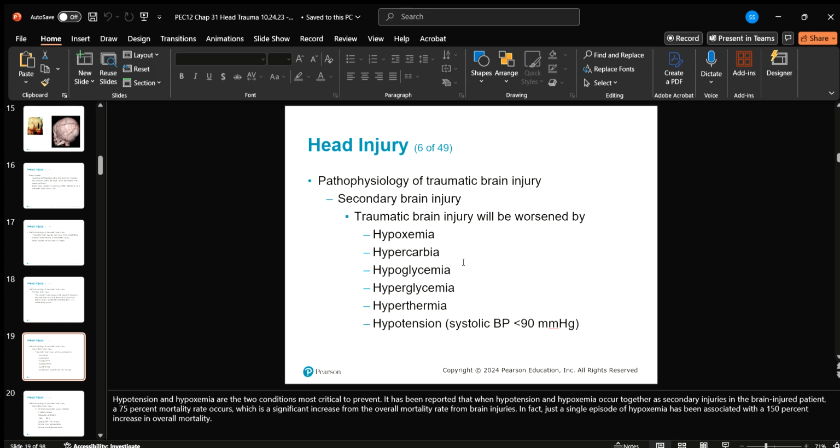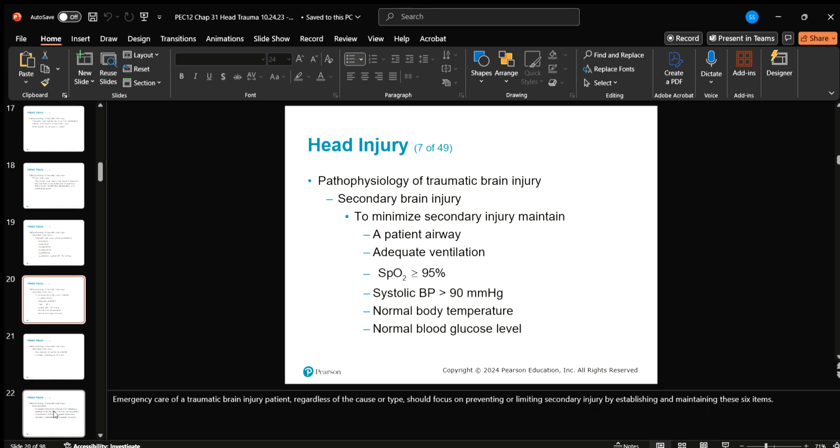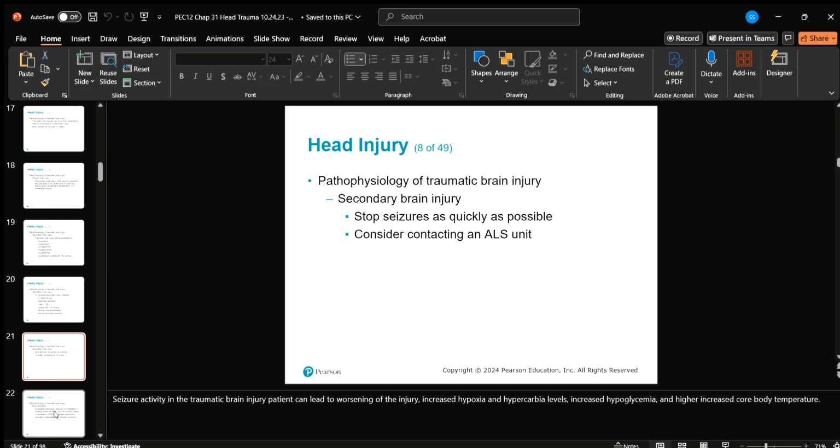Hypercarbia, what is that? Too much carbon dioxide in the blood. Nailed it. All right. What types of patients might be hypercarbic naturally? They have a condition. COPD, emphysema patients that are typically smokers. Nailed it. Hypoglycemia, hyperglycemia, hypothermia should be on here as well, and hypotension. All these things can make brain injuries worse. These are H's that we need to go through. This is just stuff that we should go through.